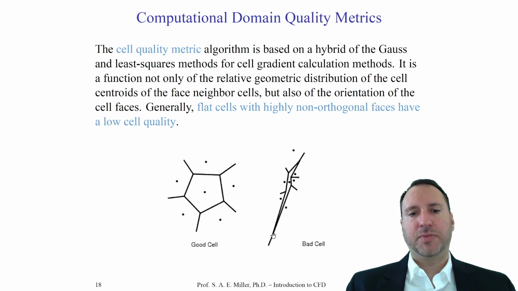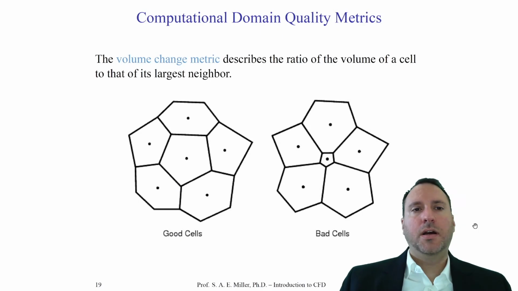The skew angle between these two nodes is way too small, and that will make the problem numerically ill-posed, and the solver might diverge from one bad cell. Another example might be volumetric changes. In an unstructured domain, we can see two examples here of so-called good cells and bad cells. The cells around the middle one all have relatively the same volume. The cell in the middle is much too small.